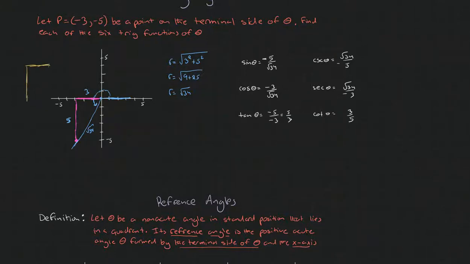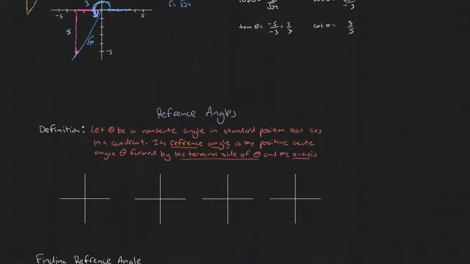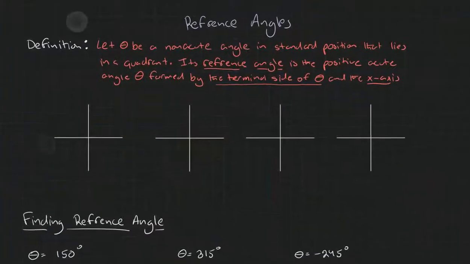This is what this right triangle looks like. Technically, this angle is not the same as this blue angle over here, because that is definitely not that small little angle hiding in the right triangle. But that little angle is what we call a reference angle.